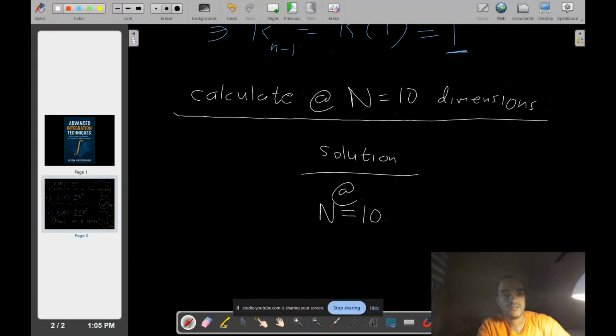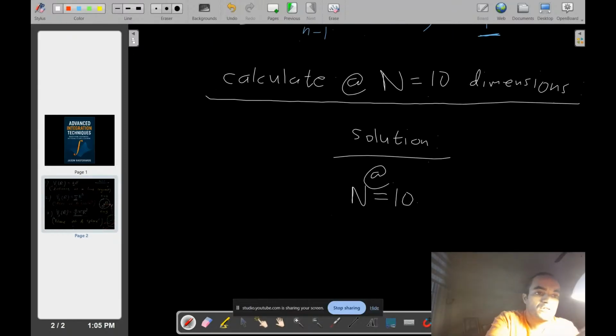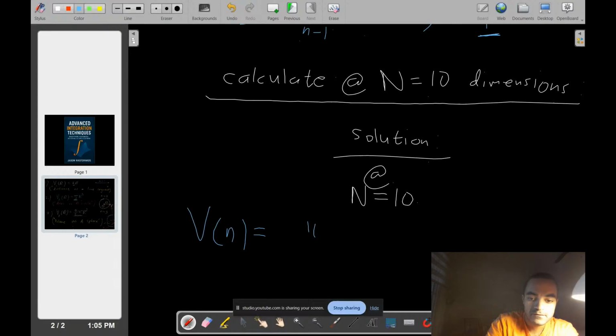We're going to use capital V of n, remember, which is equal to pi to the n over 2 power.